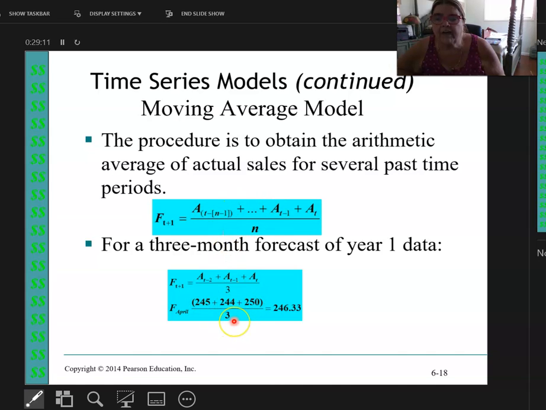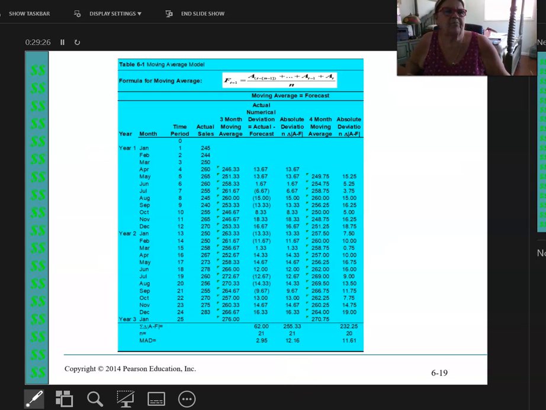Add these together, divide by 3, and here's my moving average forecast for the month of April, 246.33. Yes, this is going to be a little daunting for you, so just don't panic on me. Let's stop here. The next video will be about the MAD, or the mean absolute deviation.